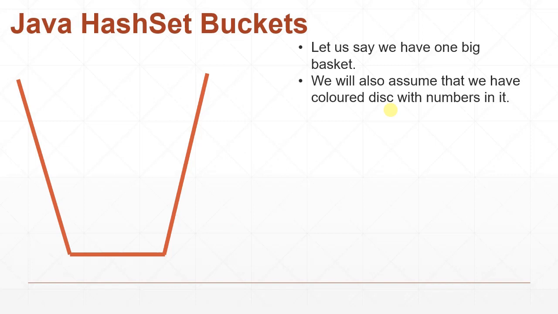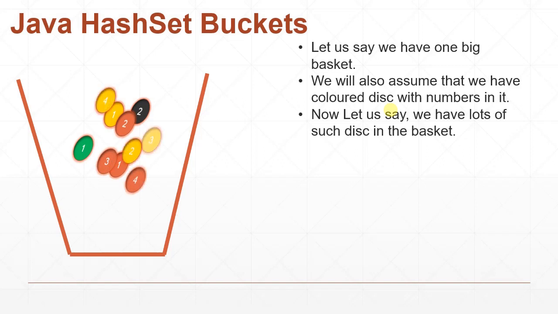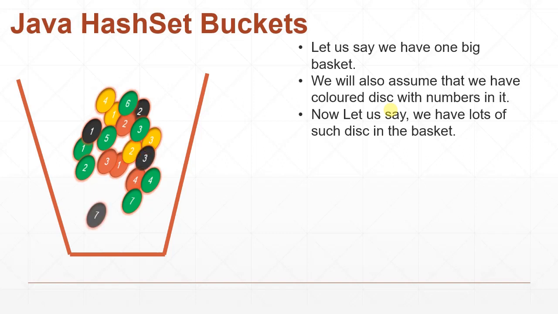Let us say there will be various color disks with numbers in them, and those disks are placed inside this big basket. So now this basket has colored disks, and all these colored disks are mixed in one big basket.